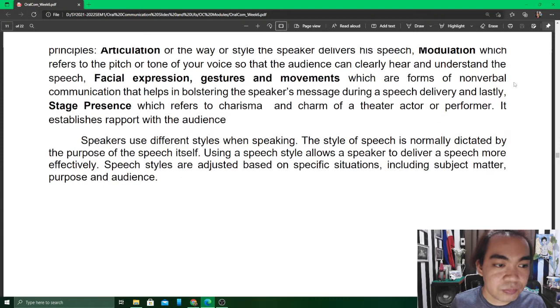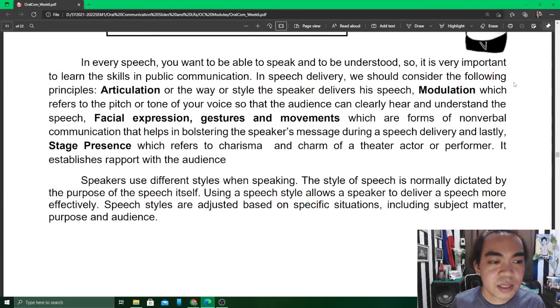Okay? Now, in every speech, you want to be able to speak and to be understood. So it is very important to learn the skills in public communication. In speech delivery, we should consider articulation, modulation, facial expression, gestures, and movements. Stage presence, which refers to charisma and charm of a theater actor or performer, establishes rapport with the audience.